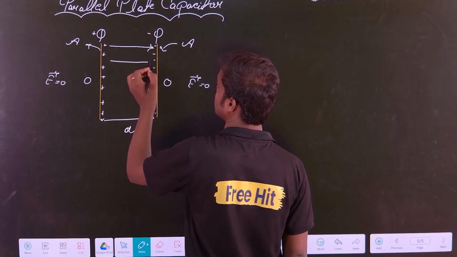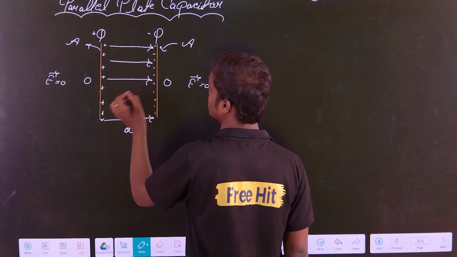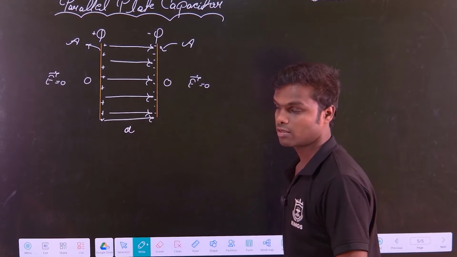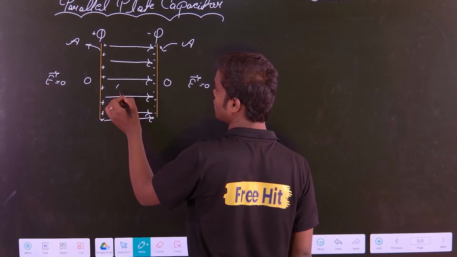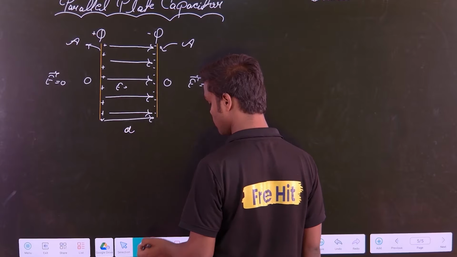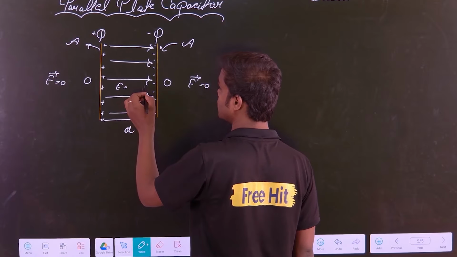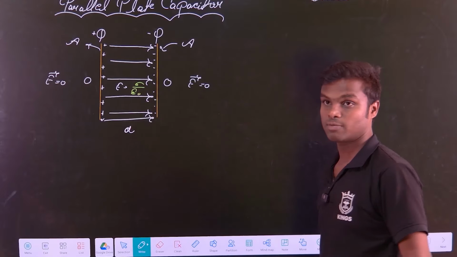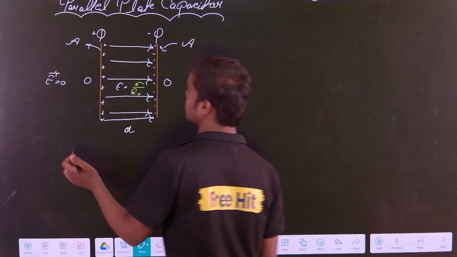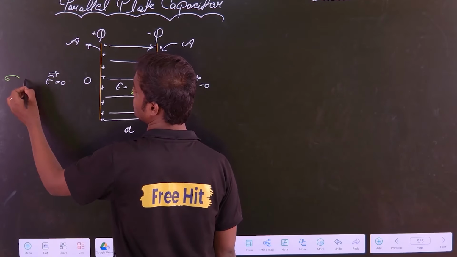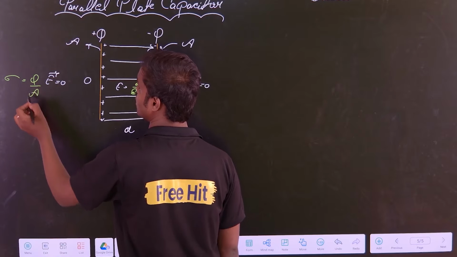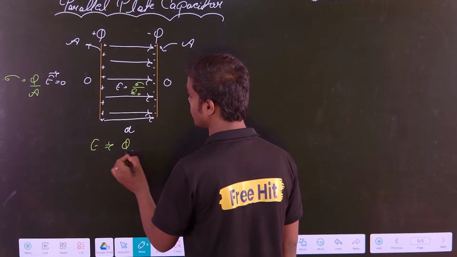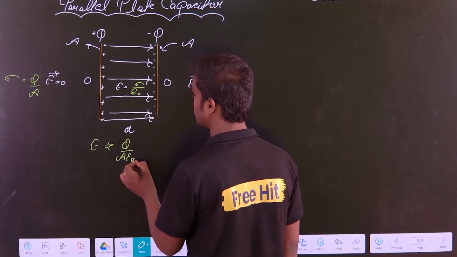You will get a uniform electric field. That is why we have discussed a lot of things on uniform electric field. And what is the value of this electric field? If you remember, the value of the electric field is sigma by epsilon naught, where sigma is nothing but q by A. So I can say my electric field E is q by A epsilon naught.